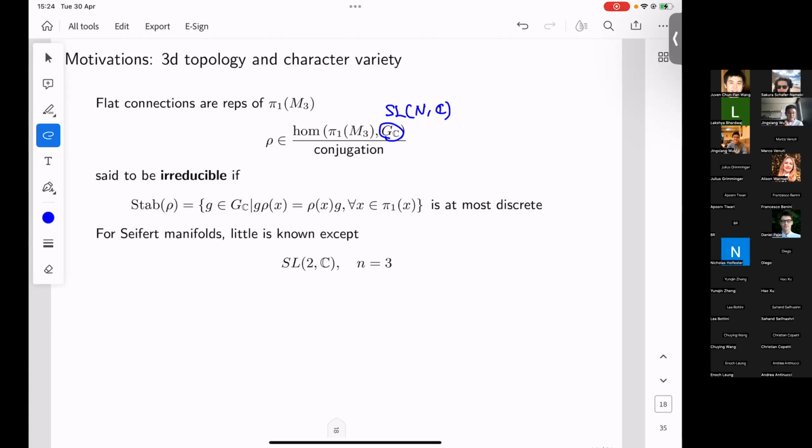It's only the simplest case where you have SL2C and 3 fibers, like P1 over Q1, P2 over Q2, and P3 over Q3. Only this one is known. And if you generalize to higher rank, SLNC, and more fibers, pretty much nothing is known.